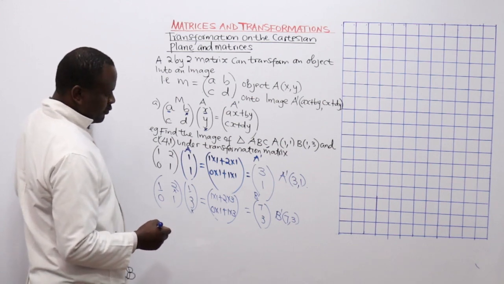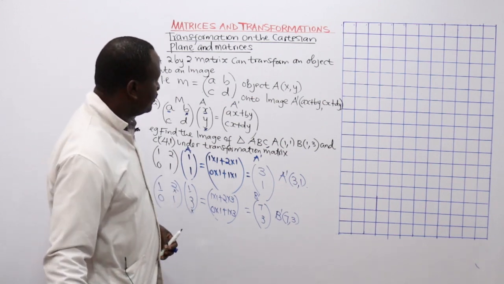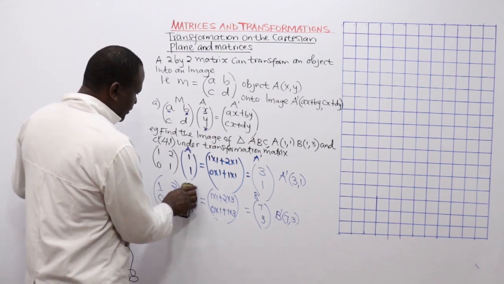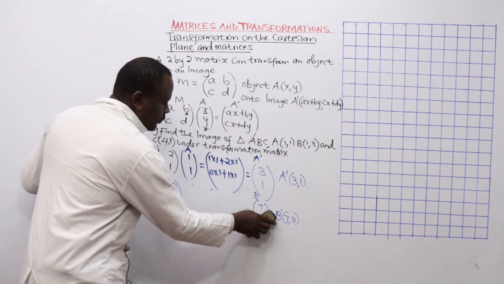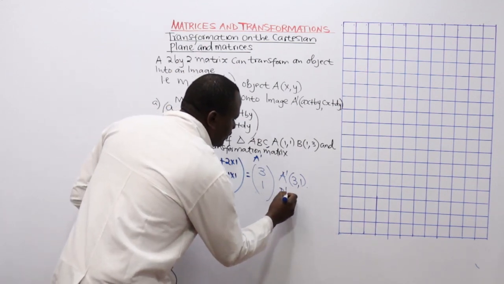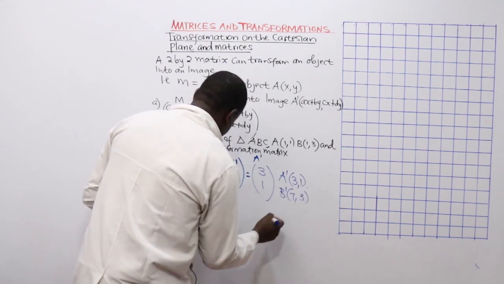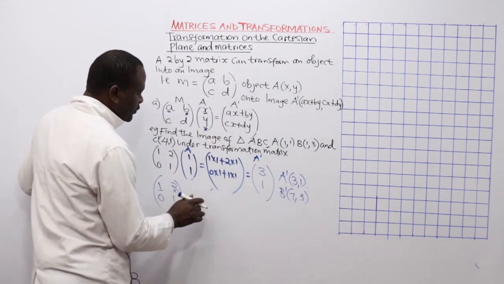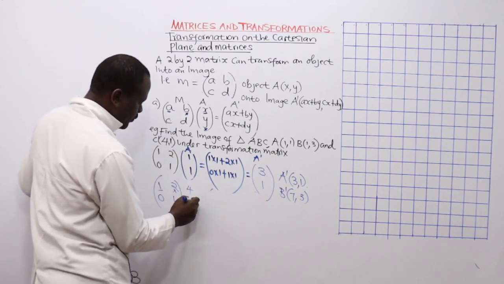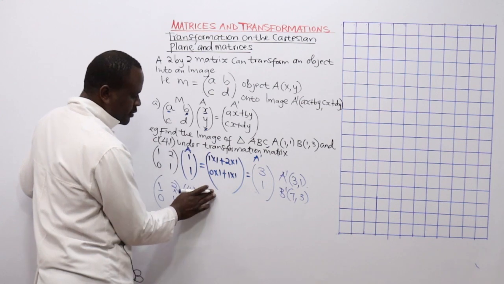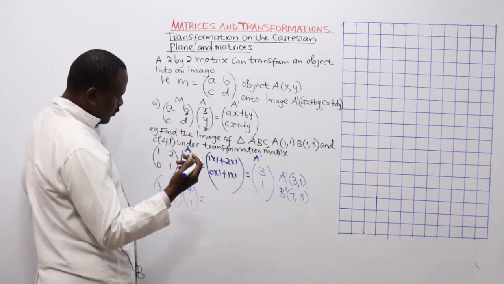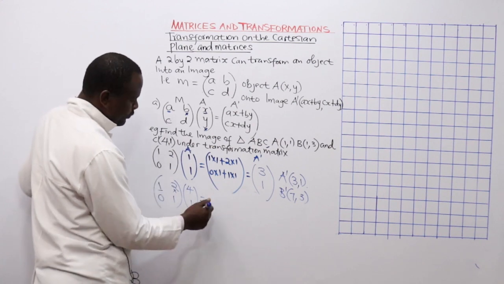Okay. Now we do the same with C. C is 4, 1. As usual, 1 times 4, that is 4. 4 plus 2 times 1.